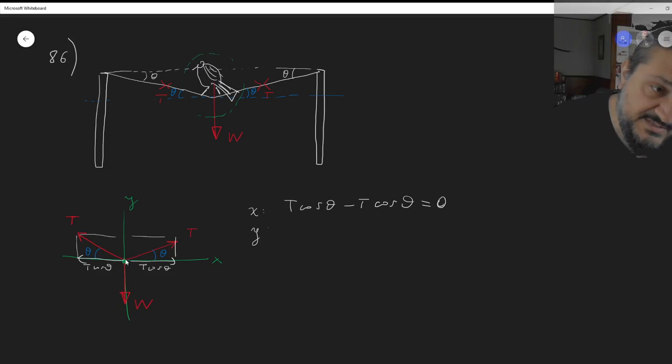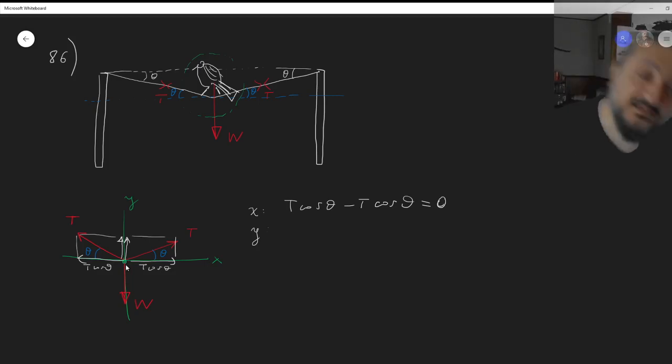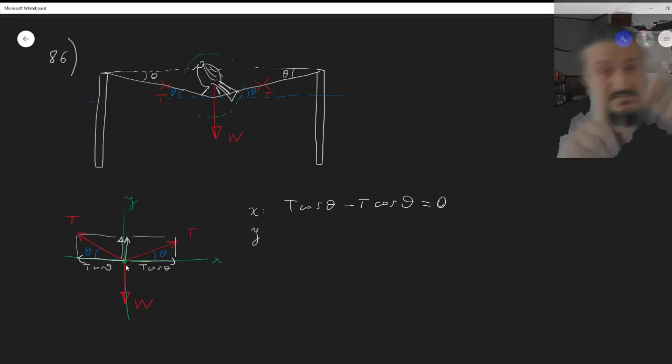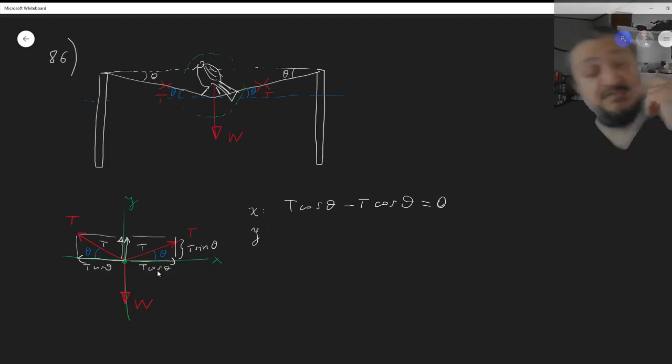Now those T's have these components. These arrows are the component vectors of each tension on the right and left sides. They cannot cancel each other. They're both pointing up. We have to add them actually. So this side is T sine theta. T is nothing but the hypotenuse, so the side opposite is T sine theta.